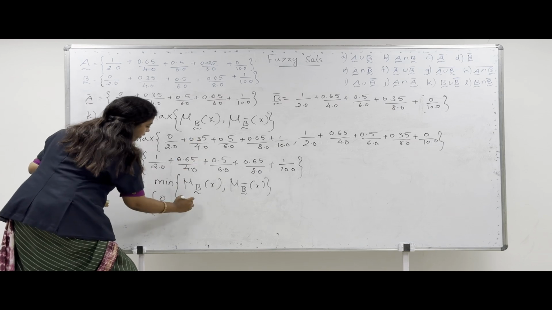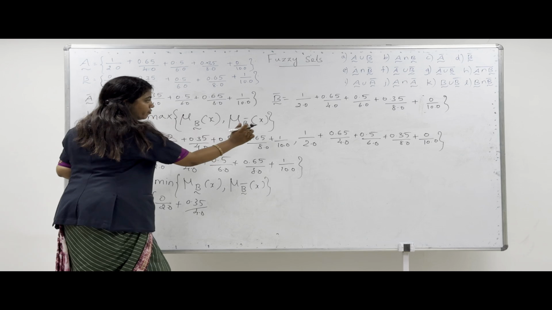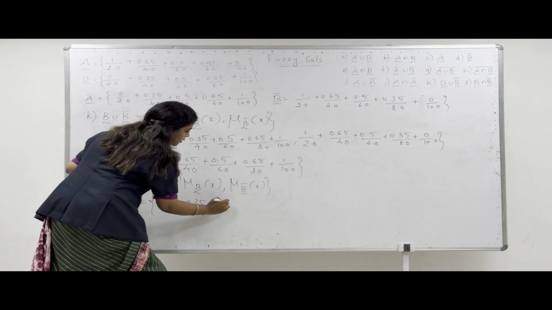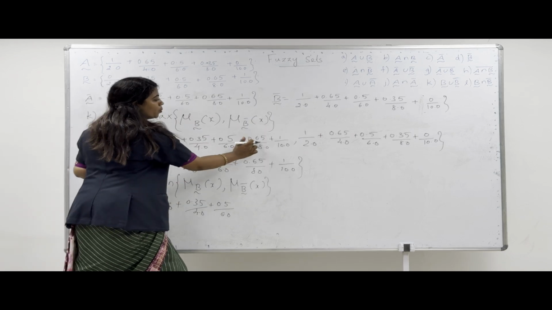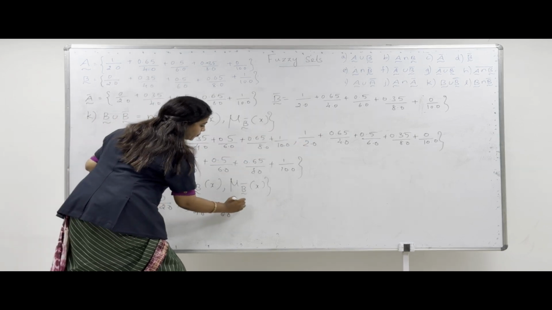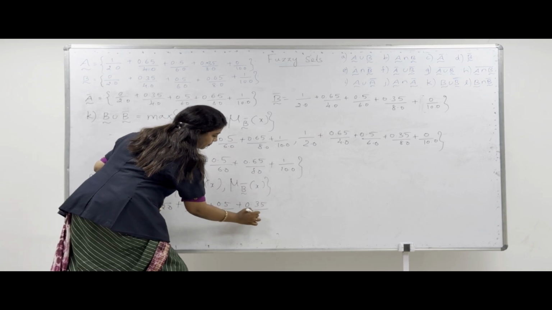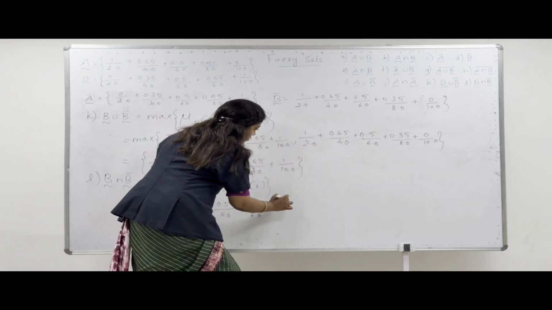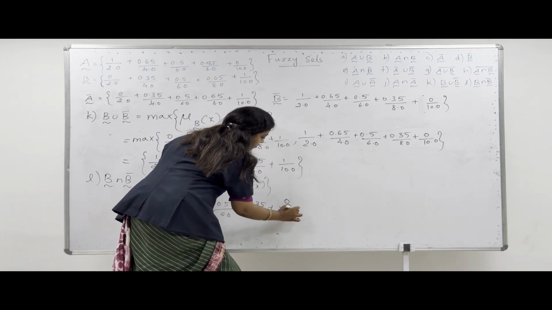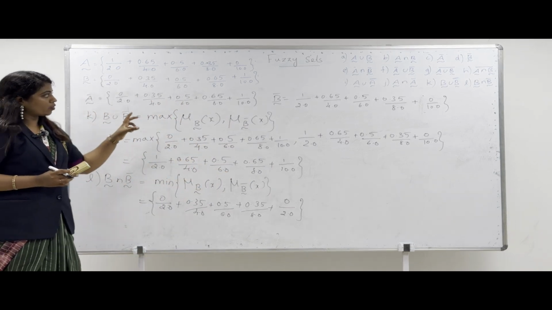Next 0.35 and 0.5, then 0.5 and 0.5 both are the same, so 0.5 by 6.0. 0.65 and 0.35, 0.35. Next 1 and 0, the minimum is 0, so 0 by 2.0. Okay. So thereby we have solved all the problems.